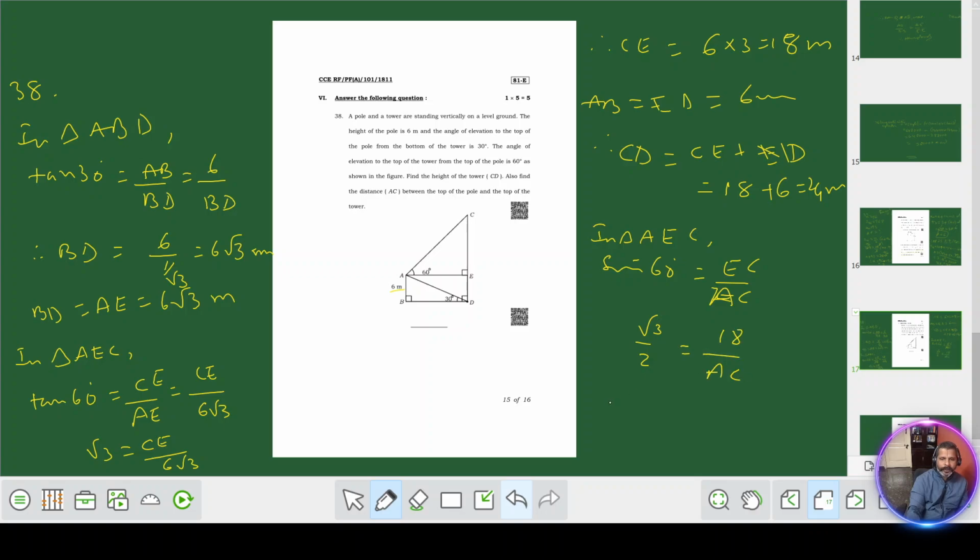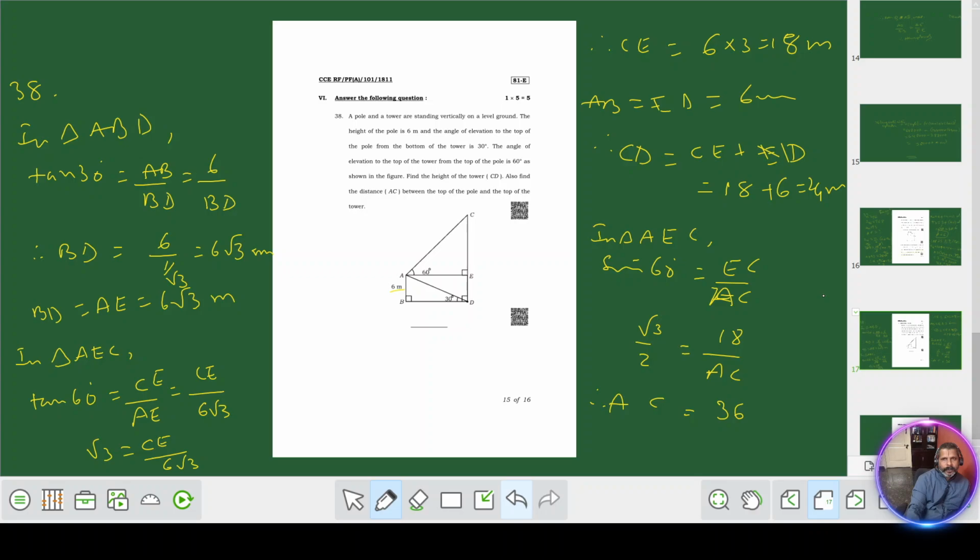AC we have to find. Therefore, AC is equal to 36 by root 3.